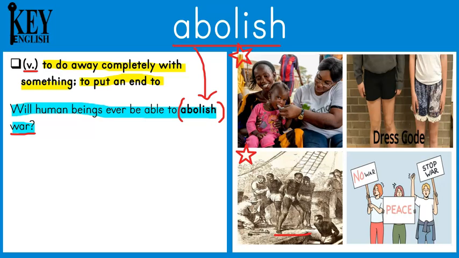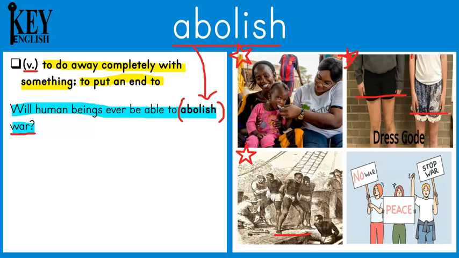Another example would be something like a dress code at a school. Maybe there is an unfair dress code at your school, such as the rule that when you wear something like shorts or a skirt, it has to reach past your fingertips. Unfortunately, some people have longer hands than other people.